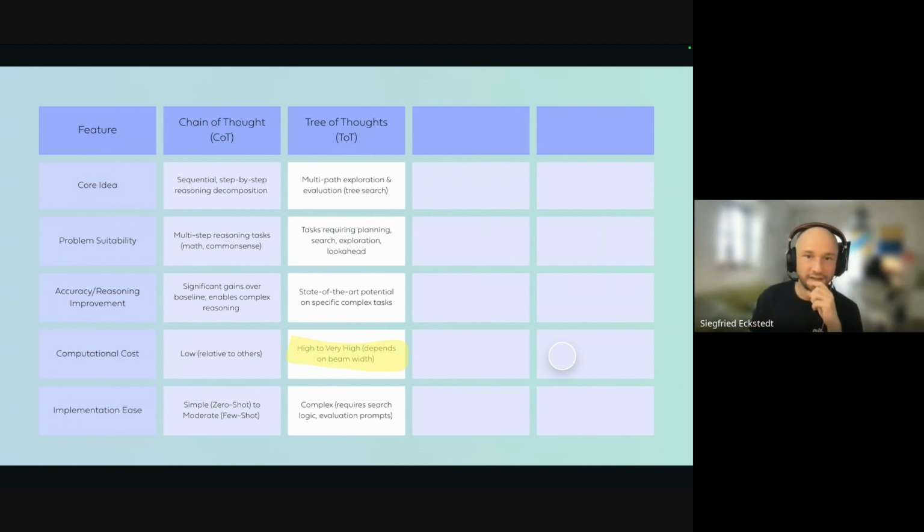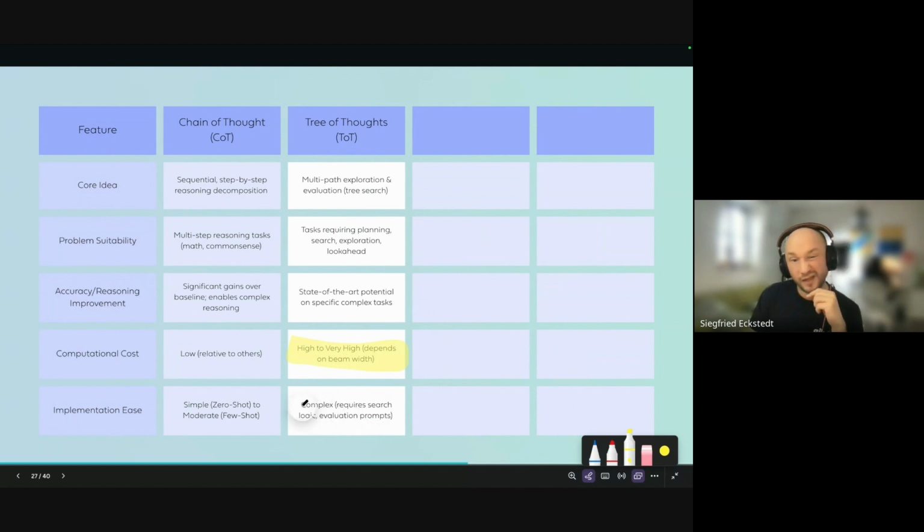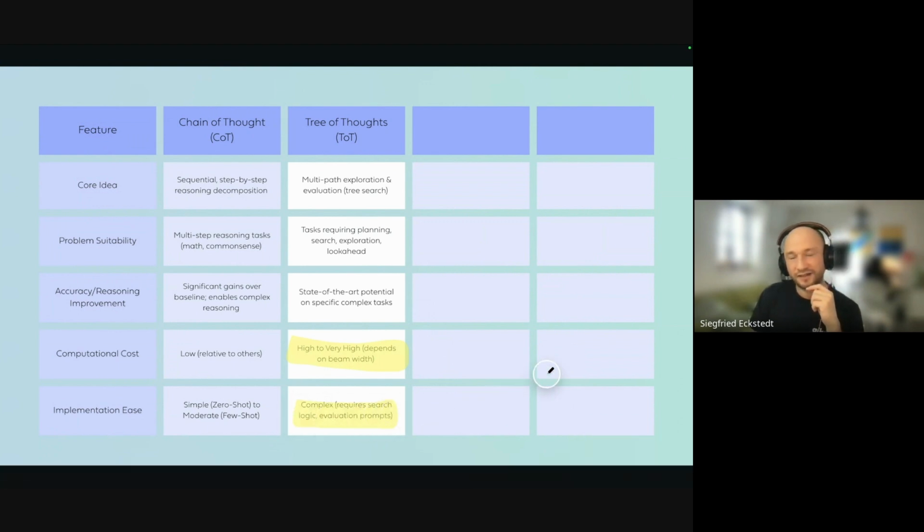And it can also be complex, because how you actually evaluate the different options can be tricky. But we will come to something like an evaluation process in a moment.